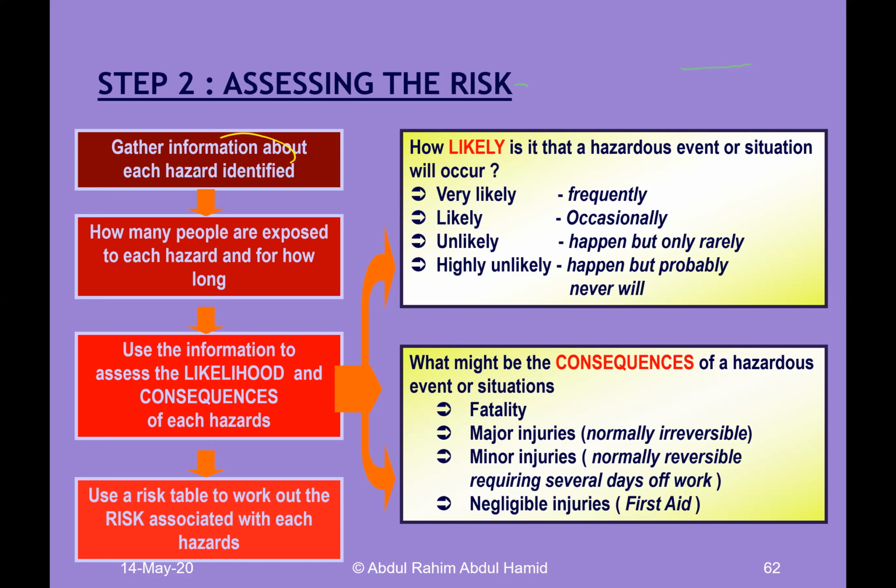Here, gather information about hazard, and then identify who are being exposed, how long, and then calculate the likelihood, and then the severity. This is an example of severity likelihood. This is example of fatality. And then at the end of the day, you associate them with what kind of risk level. Is it low, medium, or high? By looking at the risk matrix table.